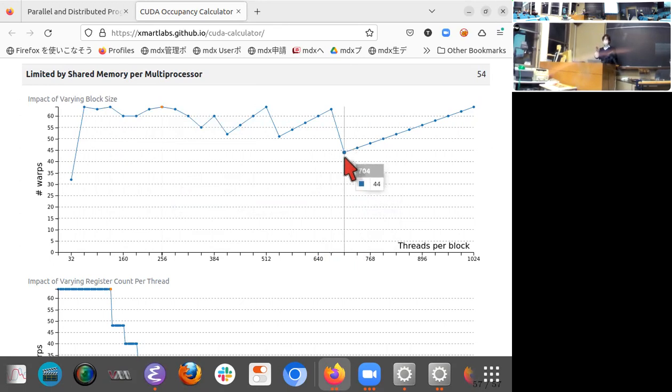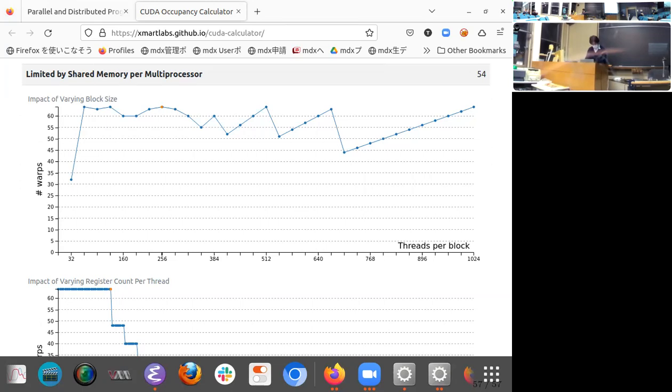Divide 64 by 22, then you get 2, not 3. 22 times 3 is 66, slightly above 64. So you can only execute up to 2 blocks at a time. Then you get only 44 warps running at the same time, right? This is how this interesting pattern emerges. And this is precisely why the number of warps per block ought to be a divisor of 64. Maybe you find this tool useful.